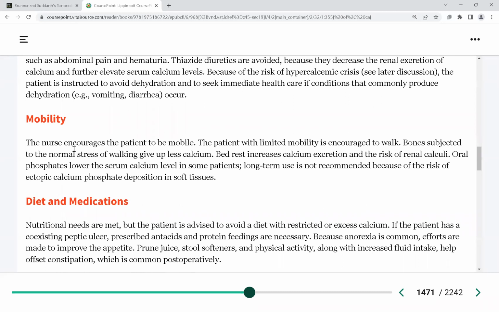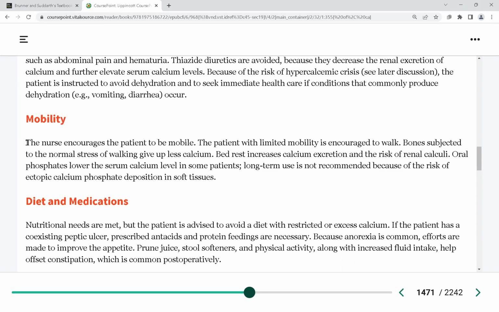Mobility, you increase mobility. It's actually not good to place the patient on bed rest with hypercalcemia, because what will happen to the calcium levels if you put them on bed rest? It will get worse. Serum calcium will rise further if you put them on bed rest.